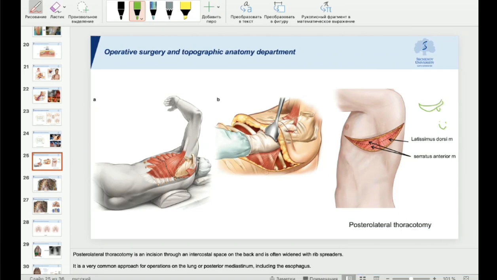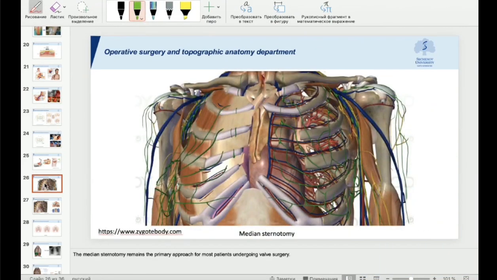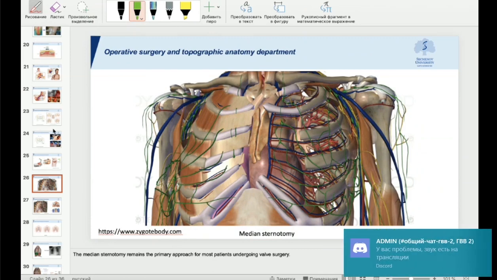So posterolateral thoracotomy is the incision which goes through the latissimus dorsi muscle and serratus anterior muscle. We open this smile and we make the proper access to the organs which are included on the posterolateral side. Once again, lung, heart, and posterior mediastinum. In this picture, you can see that some parts were removed.